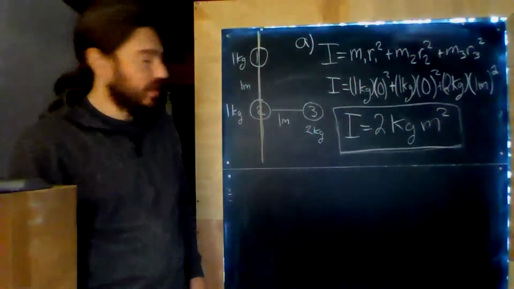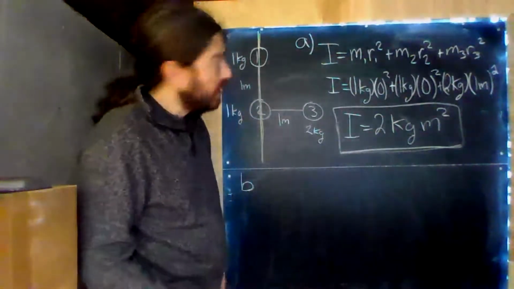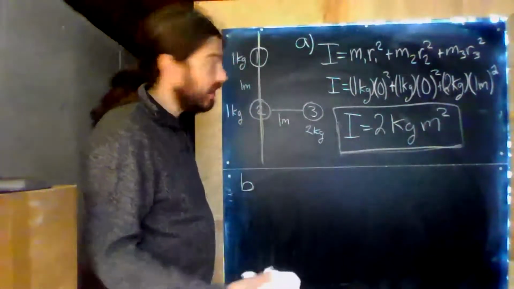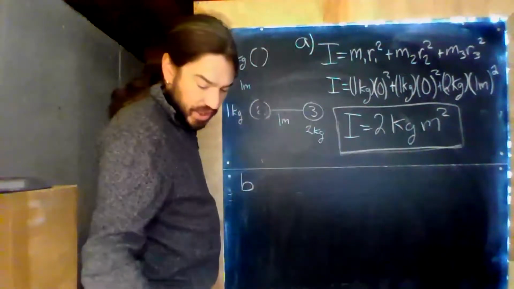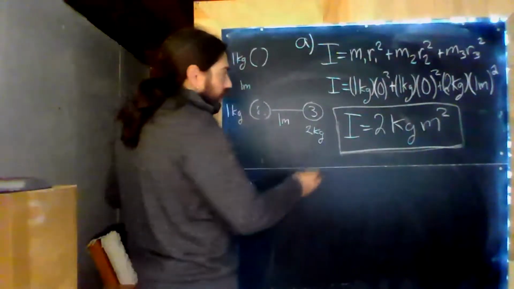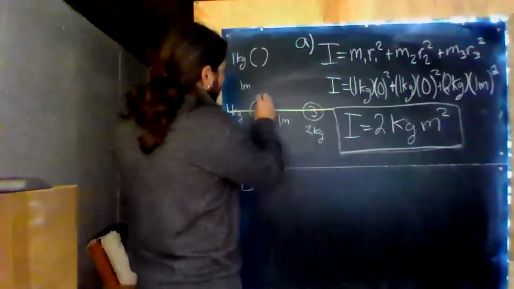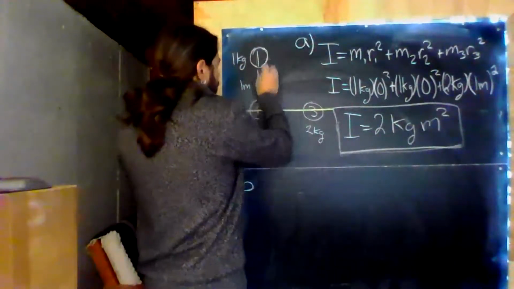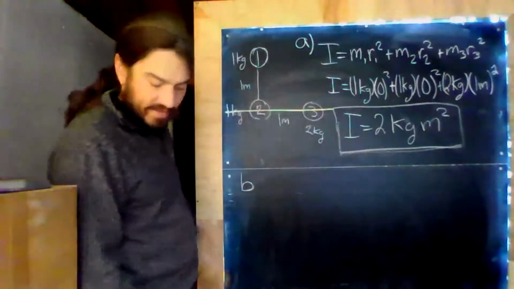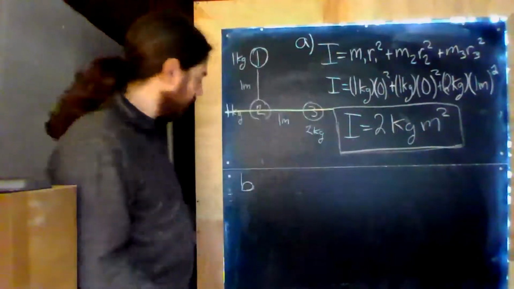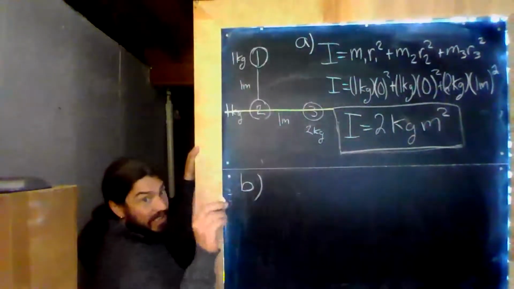How about B? Let's see what B looks like. For B, we are changing our rotational axis. We're not using this anymore. Now our rotational axis is through balls 2 and 3. So for part B, that is our rotational axis. We're still going to use the same equation, but the radii are what change.